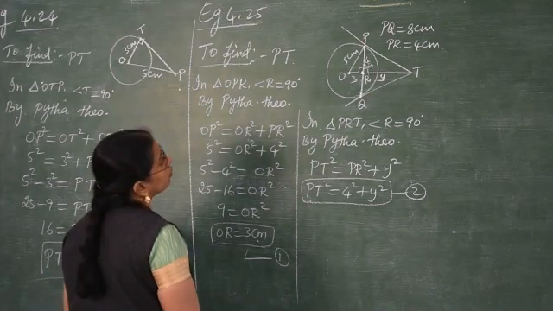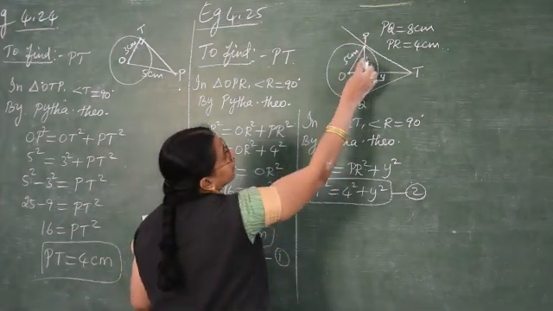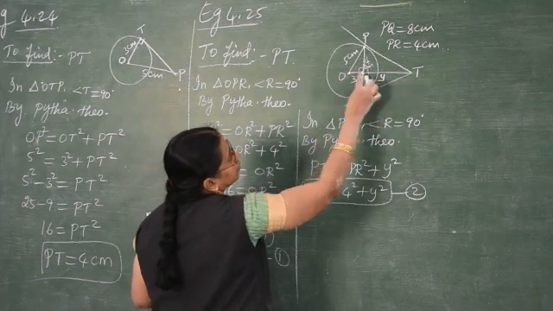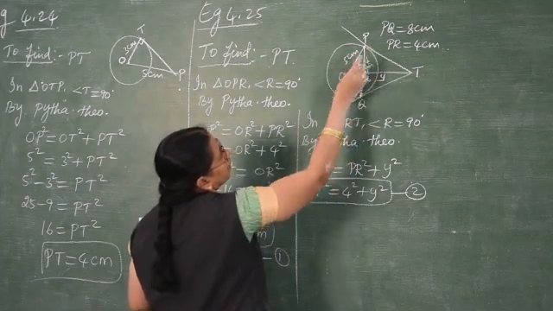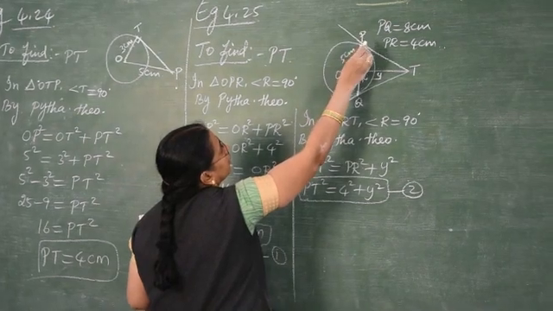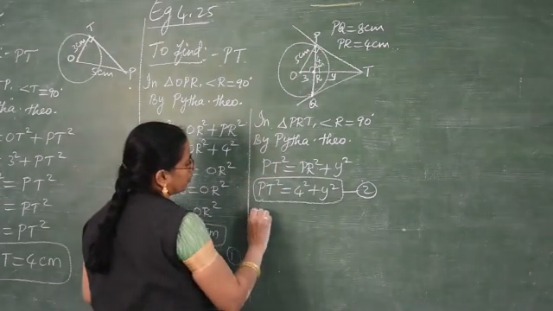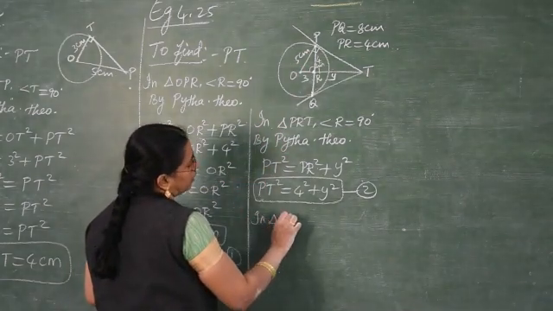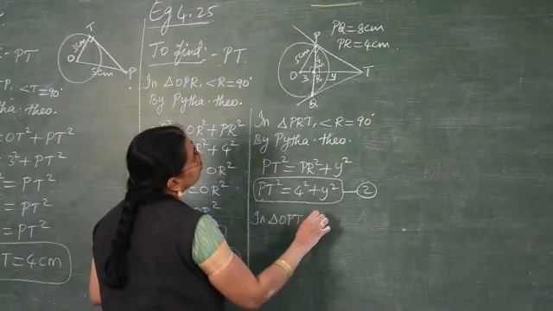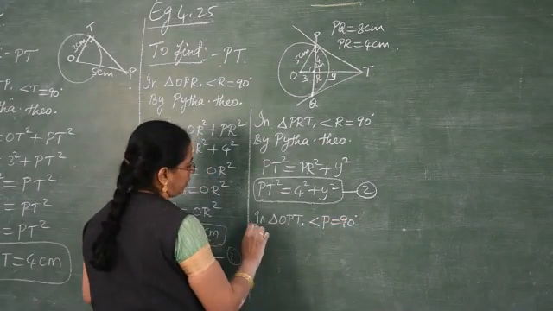Now you will be taking the full triangle. Here you have taken PRT only. Now take OPT. Even here it will make the angle 90 degrees. So in triangle OPT, angle P equals 90 degrees.